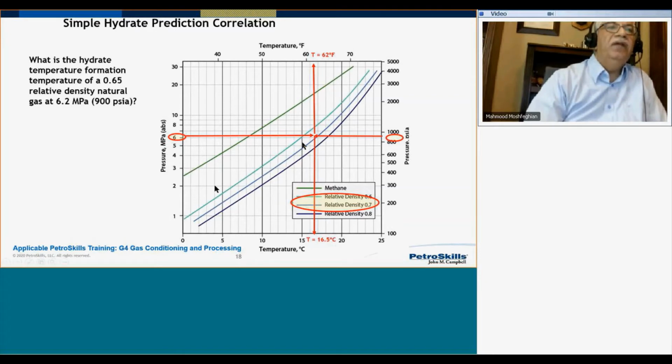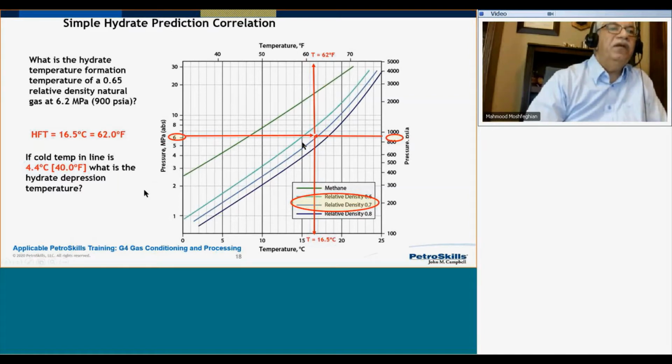And notice in the pipeline, the gas cooled down to 40 degrees Fahrenheit or 4.4 degrees Celsius. So we may have a hydrate formation problem. Therefore, we need to use inhibitor. That's why the problem statement mentioned determining the injection rate for using either methanol or glycol.